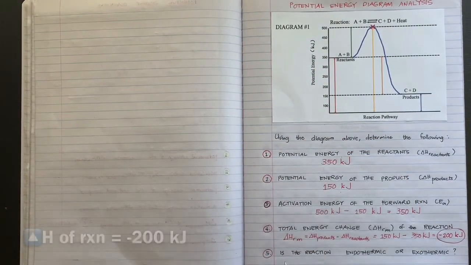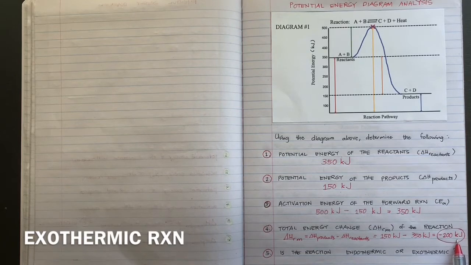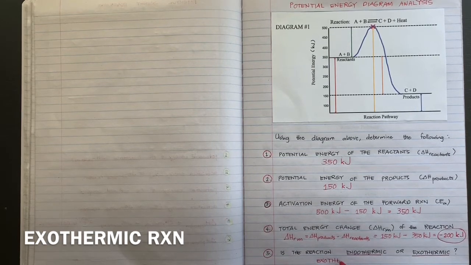And then in number 5, using the value that we get from number 4, we can now deduce if the reaction is endothermic or exothermic. Because the sign is negative, negative means that the energy lowers down because part of the energy was released into the surroundings. Therefore, the reaction is exothermic.